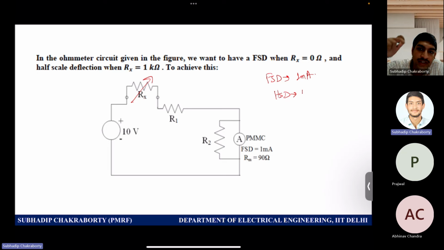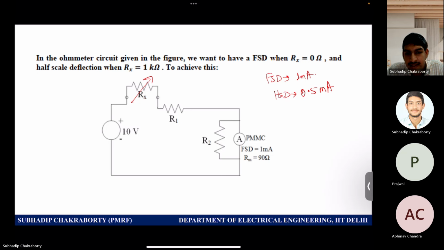How much current should flow through the meter so that you can get half scale deflection? It is a linear meter, right? If the full scale deflection is 1 milliampere, how much current should flow? So 0.5. Correct. 0.5 milliampere, it will give half scale deflection.